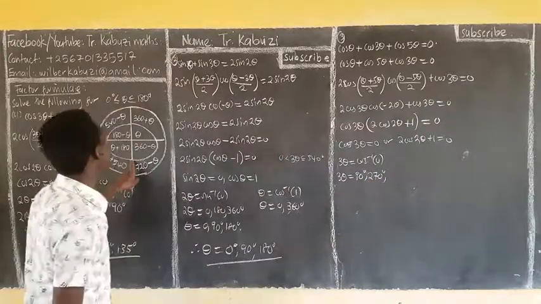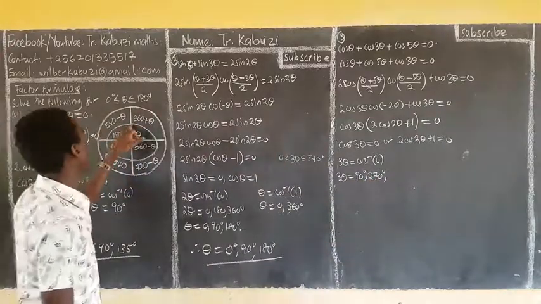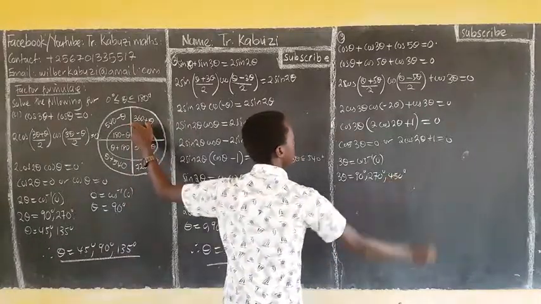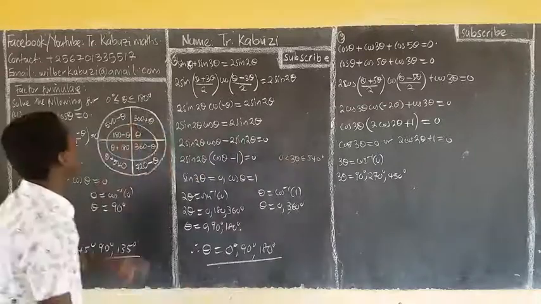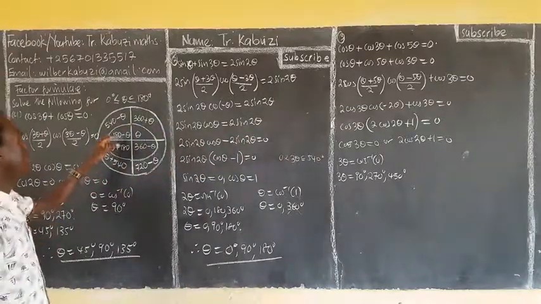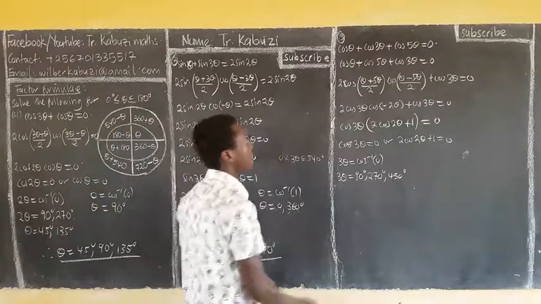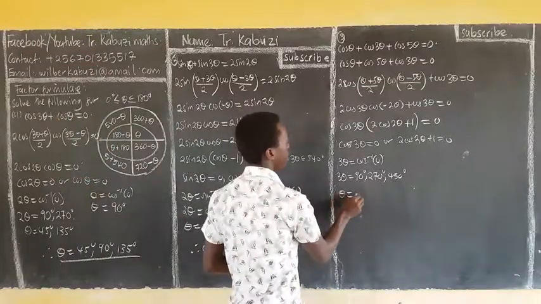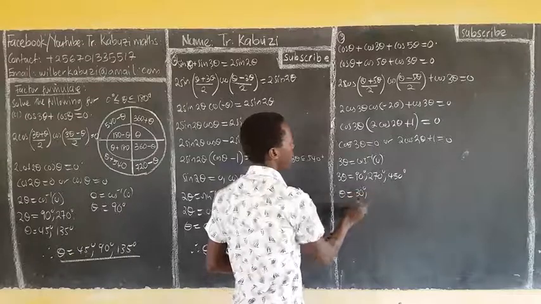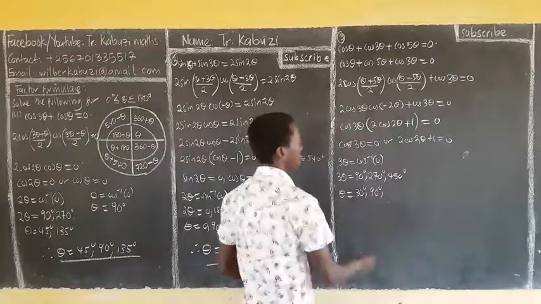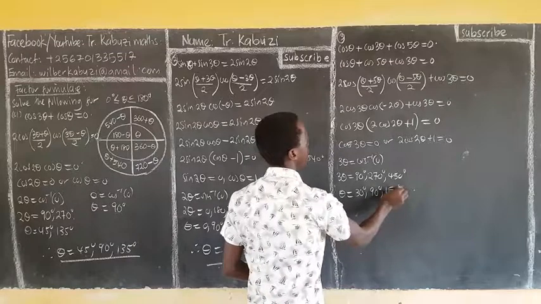And then when I come to the second one, it becomes 450 degrees. And that's all, because I can't go beyond 540. That's why I'm ending there. So if I divide by 3, my answer becomes 30 degrees, comma, 90 degrees. If I divide here by 3, I get 150 degrees.